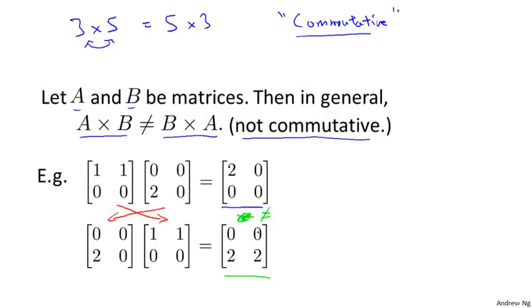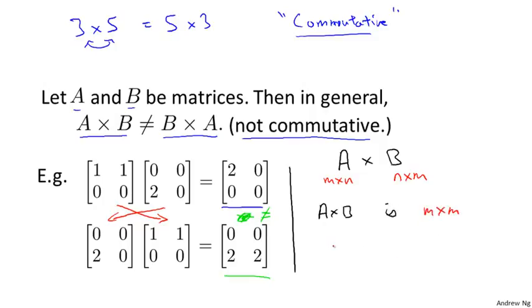So in fact, in general, if you have a matrix operation like A times B, if A is an m by n matrix and B is an n by m matrix, just as an example, then it turns out that the matrix A times B is going to be an m by m matrix, whereas the matrix B times A is going to be an n by n matrix.